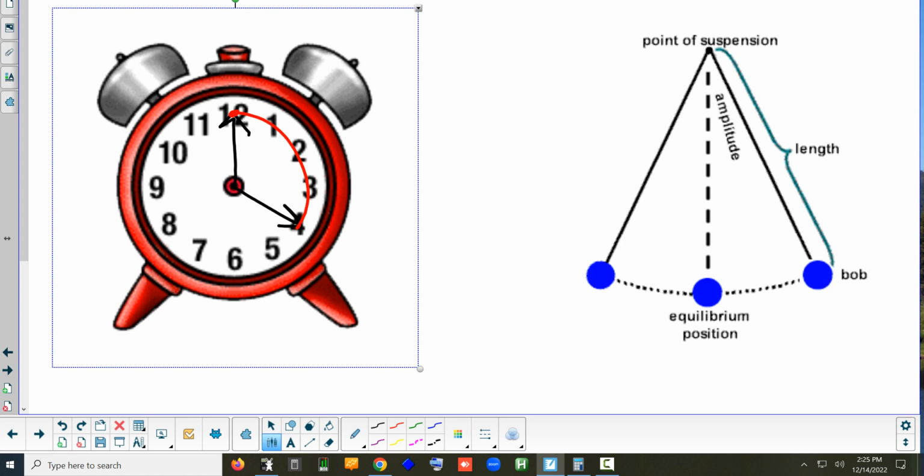That thing that I just drew in red, what is that? That's an arc. So you're going to be finding an arc length. And what would the length of the hand on the clock be? That's your radius. That's the distance from the center to the edge.